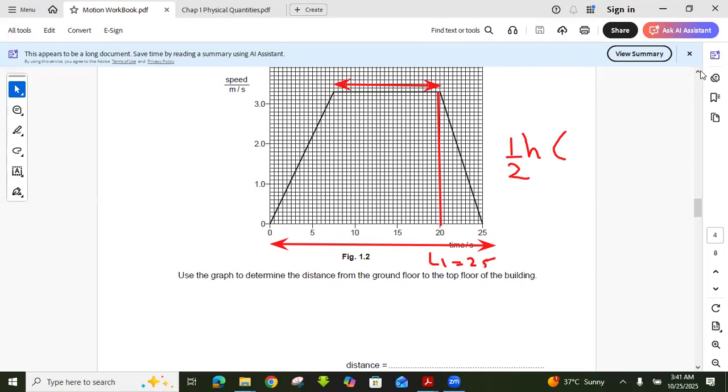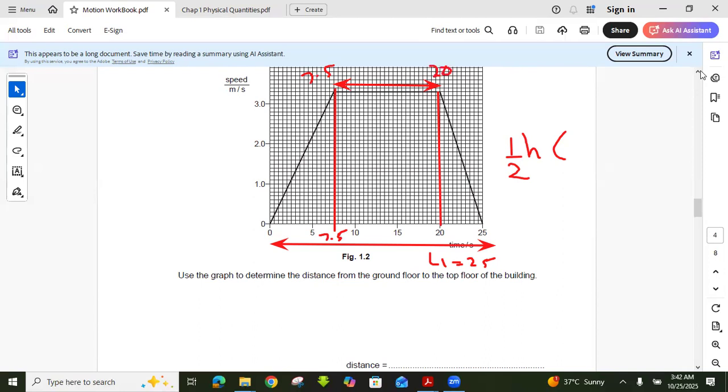Let's make it more accurate. In the middle we have 6, 7. Yes, you can take it 7.5. This middle length is 7.5. So 7.5 and this is 20.